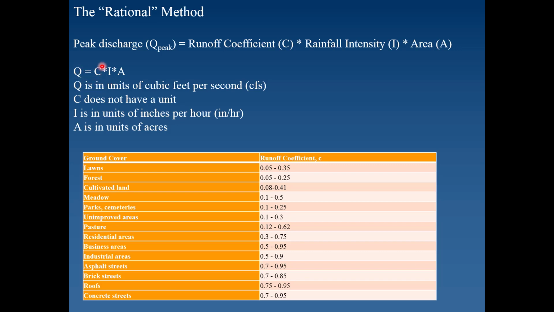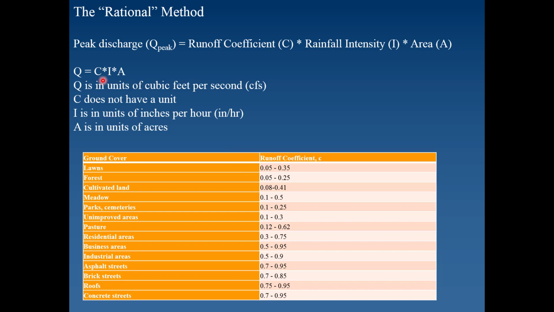And this is the last term, this C term. It doesn't have units. It's just a coefficient. And you can see here in this simple table that the coefficient is low when you have forests, lawns, cultivated land. It's typically pretty low. And then if you go to rooftops and concrete, it's high.